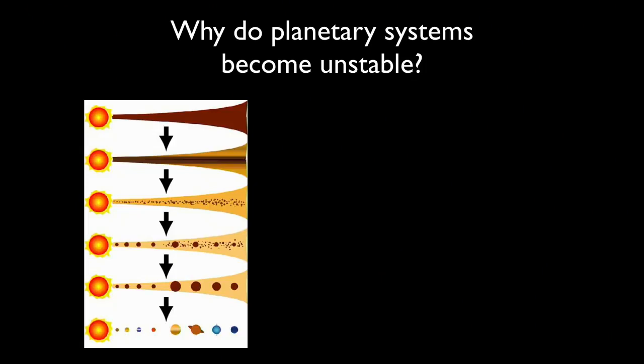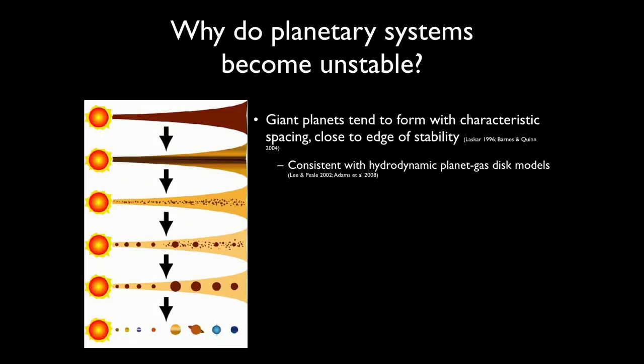Basically, we know pretty well from simulations that giant planets tend to form with a characteristic spacing, and they tend to form close to the edge of stability. They tend to end up getting packed as they migrate, as close as they can be without going unstable. Okay? But the thing is, as everything evolves, one thing that's keeping them stable is the gas.